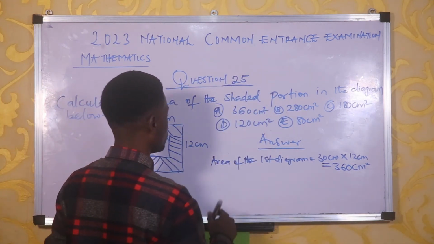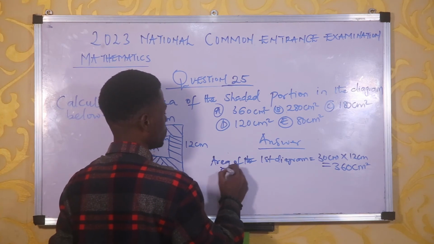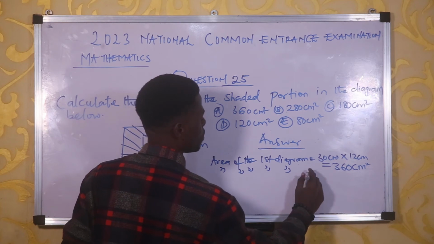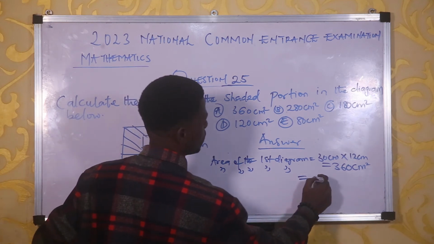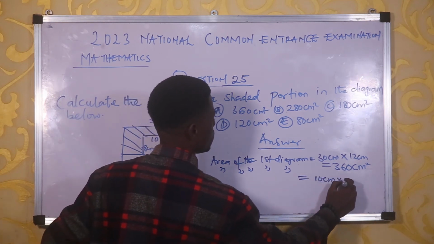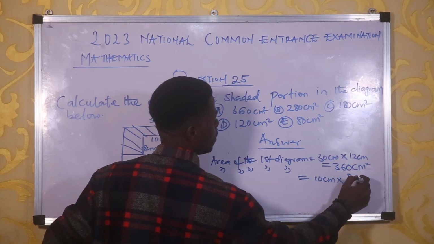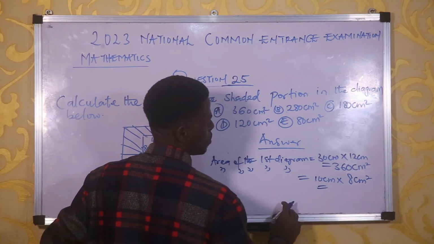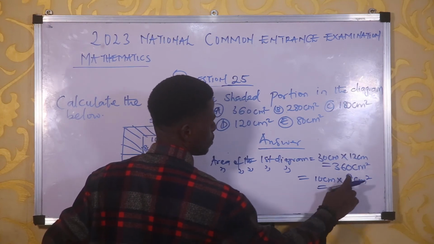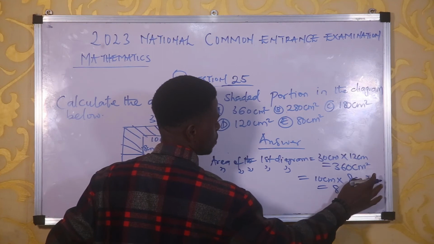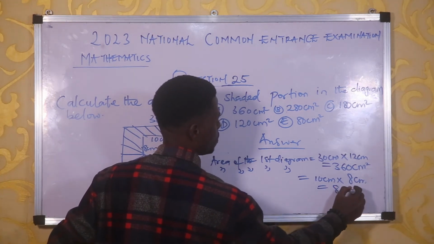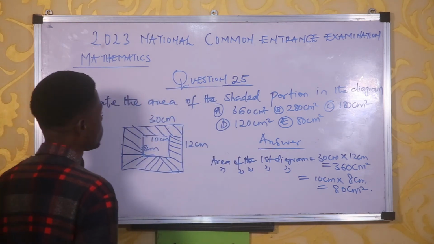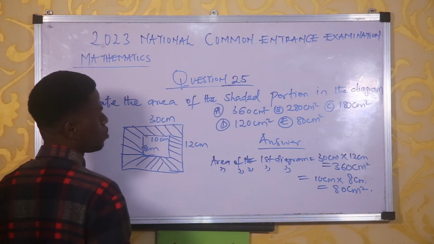So the area of the second diagram is 10 centimeters times 8 centimeters, which is 80 centimeters square. So in this place now, I want to calculate the area altogether.